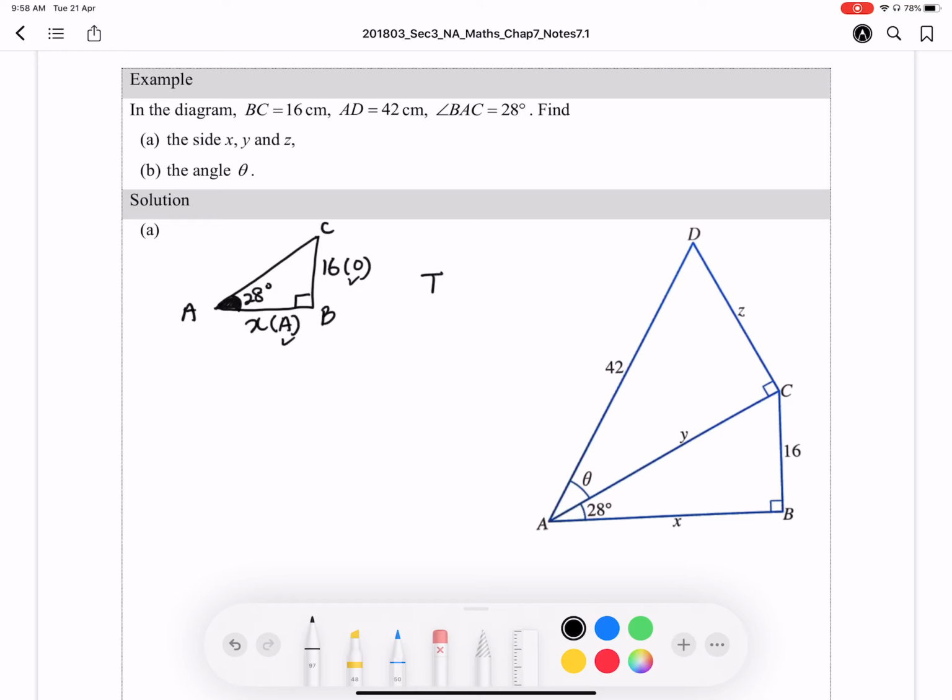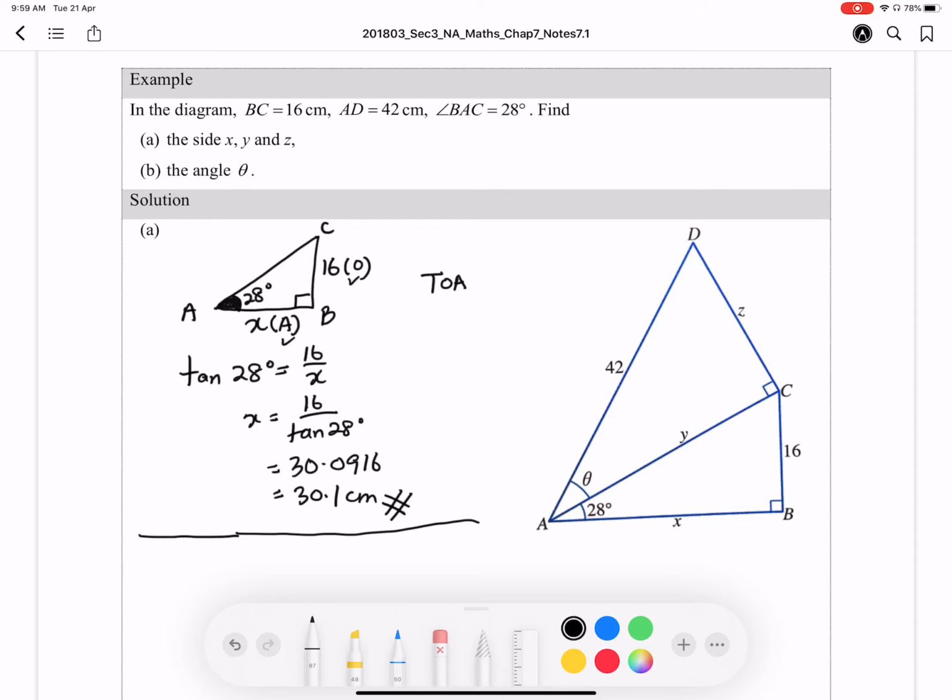We are taking tangent equals O over A, so tangent of 28 degrees equals 16 over X. We can get X by exchanging places of 28 degrees with X, and this will give us an answer of 30.0916, to 3 SF will be 30.1 cm.